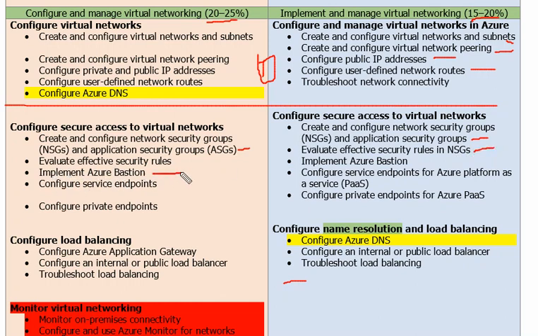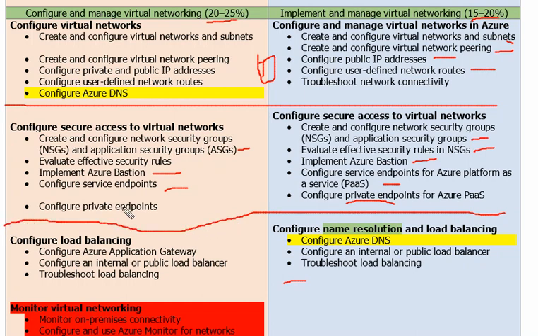Implement Azure Bastion, that is also there. Configure service endpoints for Azure platform as a service, PaaS, and configure private endpoints, that is also here. So the second part is also compared.